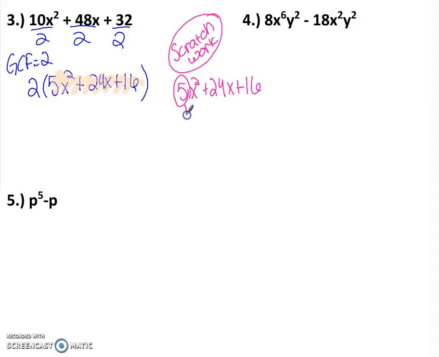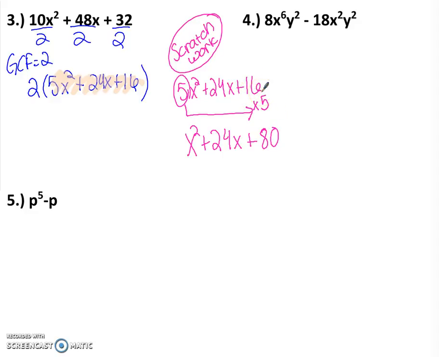So remember, you take your first number and you slide it to the left. So you have x squared plus 24x plus 16 times 5, which is going to be 80.